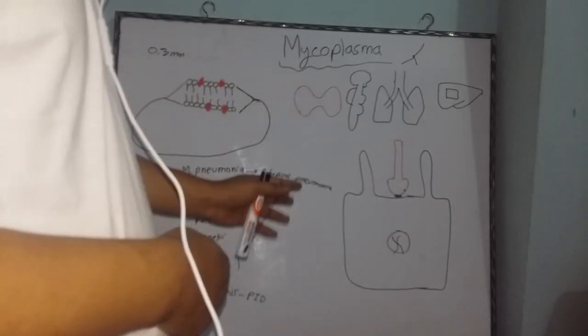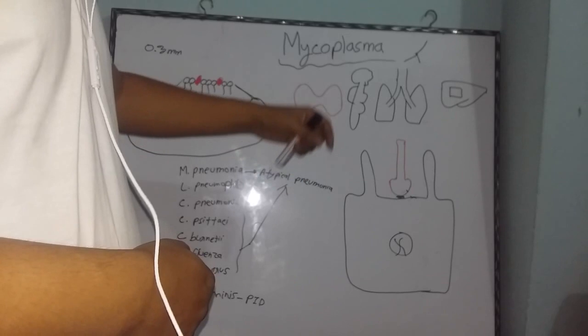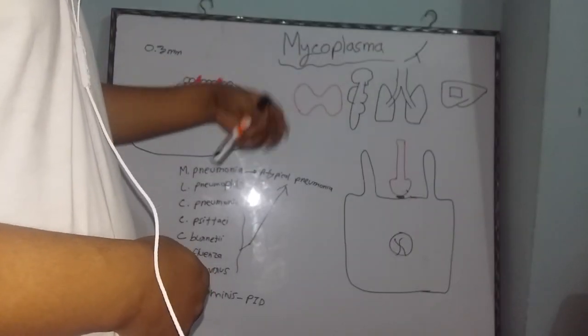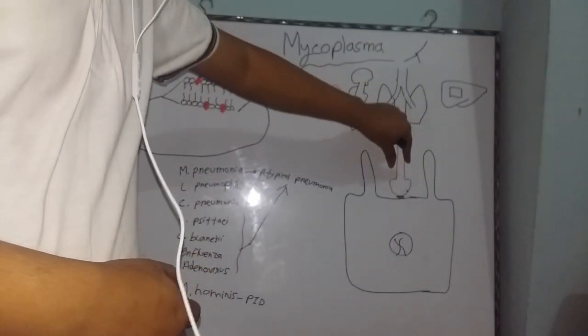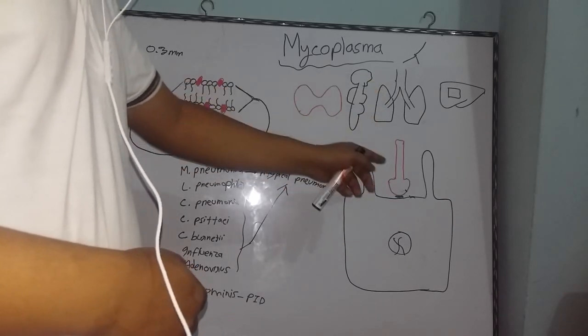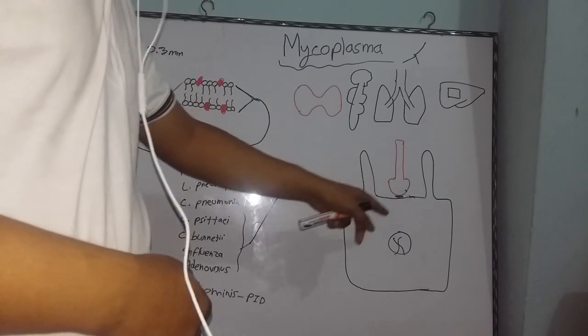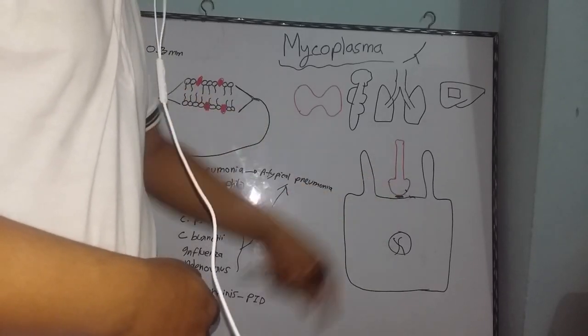And when this pathogen, this Mycoplasma pneumonia, enters our respiratory tract, they change their shape and become rod shaped, and one end of this bacteria becomes tapering, and this tapering end contains an adherent molecule.